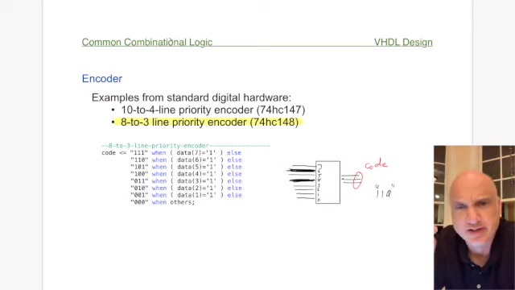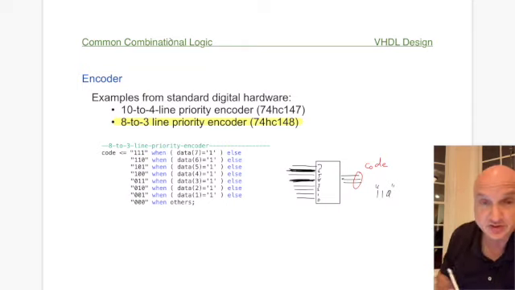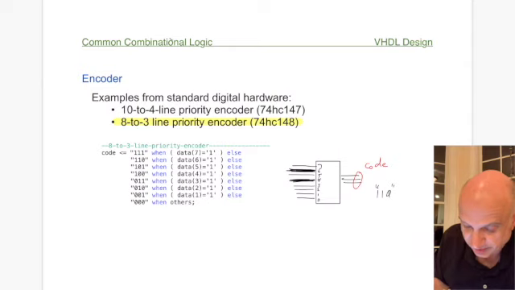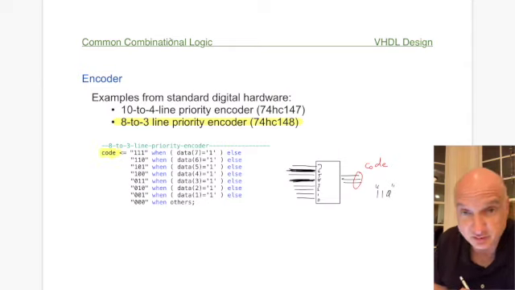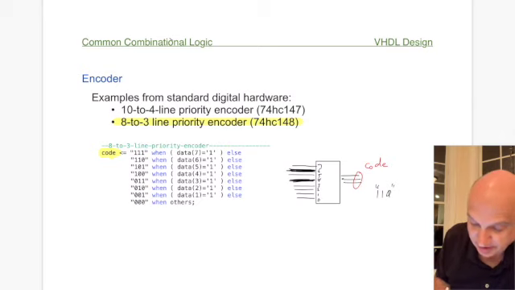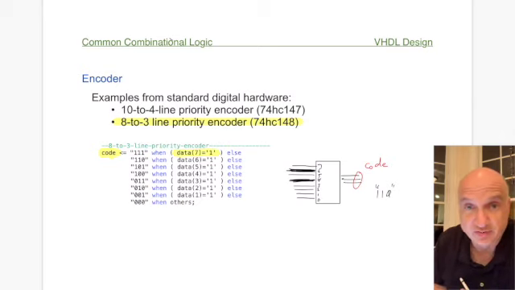So how do we specify this priority inside VHDL? Well, we can specify it by using the conditional signal assignment operator. Okay, so for the conditional signal assignment operator, we actually come in and we assign a value to the signal based upon this condition, whatever this condition is.